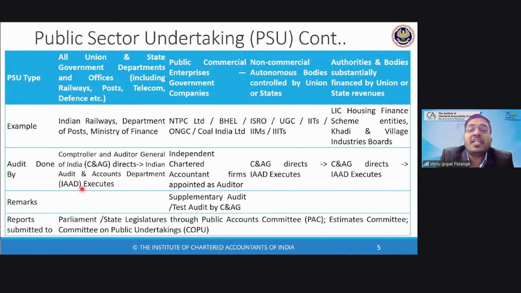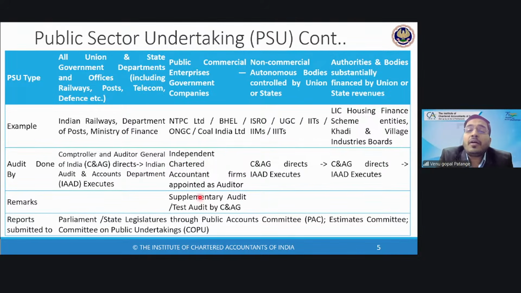So there are intermediary financial committees. Who are those financial committees? Public Accounts Committee, Estimates Committee, Committee on Public Undertakings. These are the financial committees which will go through all the reports submitted by C&AG. They will summarize for Parliament and state legislatures. Clear? Hope it is clear.